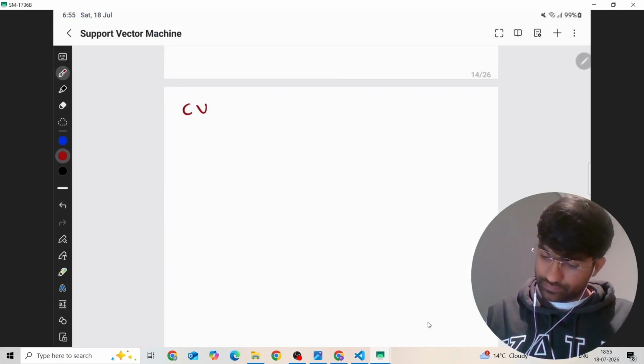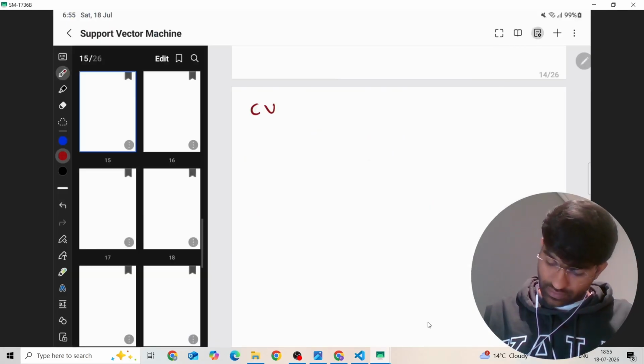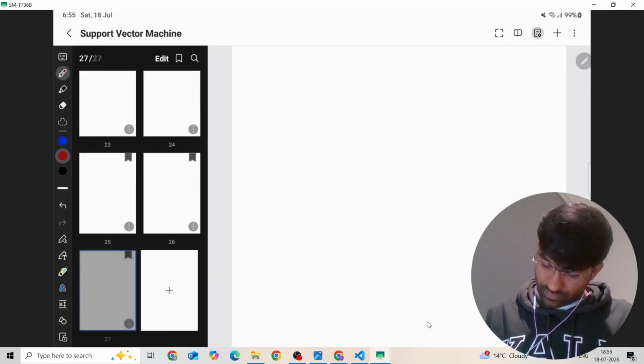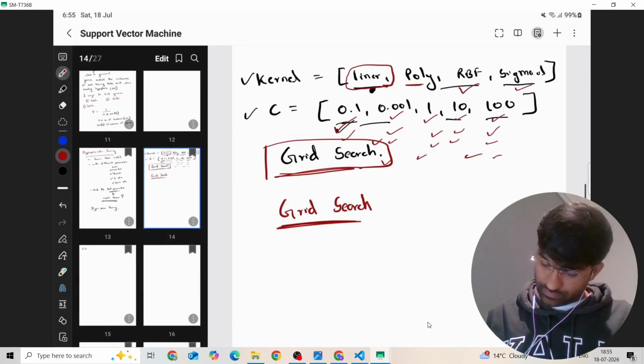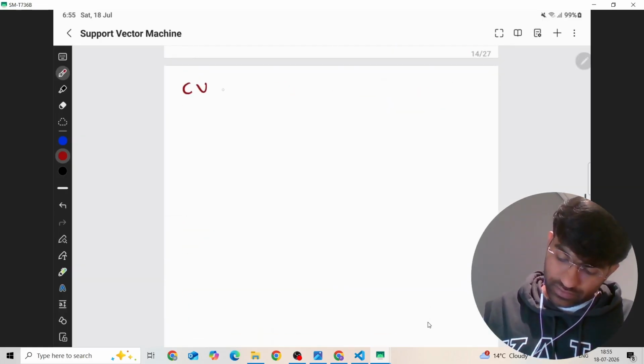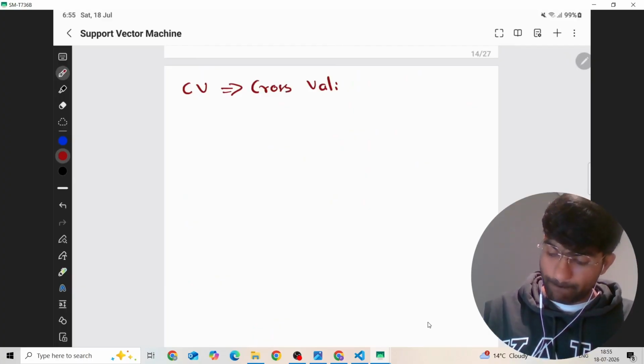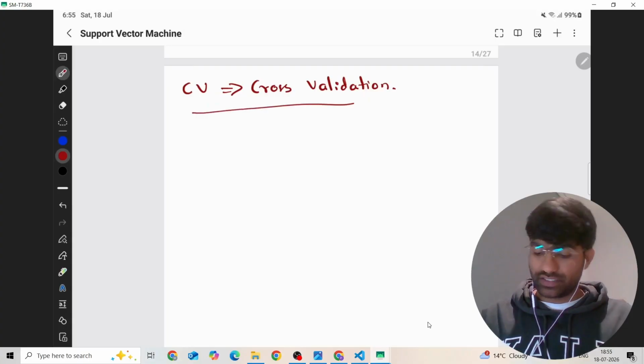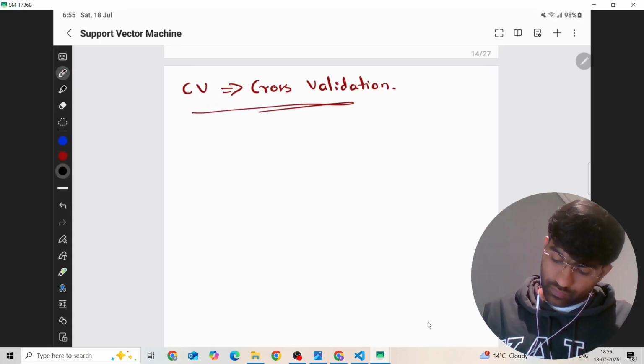CV is cross validation. What we do when we are building the model, we do the train test split, right?